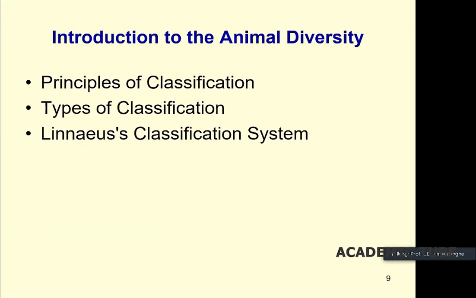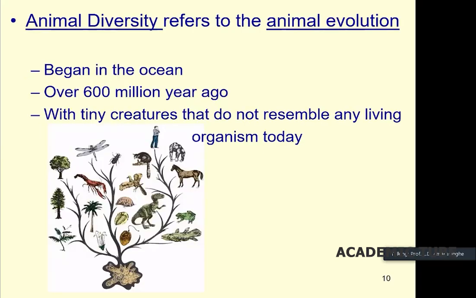All these are explained in chapter 3 and chapter 4 of the textbook, actually referring to animal diversity. Animal diversity is a little in-depth or very much theory-based course unit, but it is interesting if you take interest in learning. So animal diversity refers mainly to animal evolution.